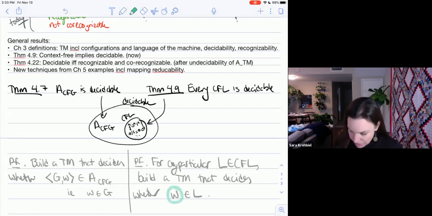So my input on this hand is going to be a W. My input on this hand is going to be a G combined with a W. And I'm going to have a separate Turing machine for each L in the language.